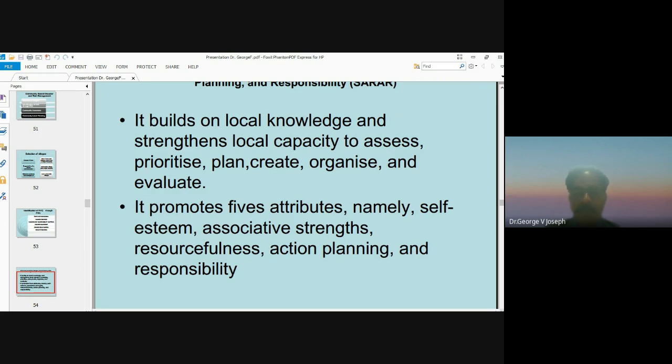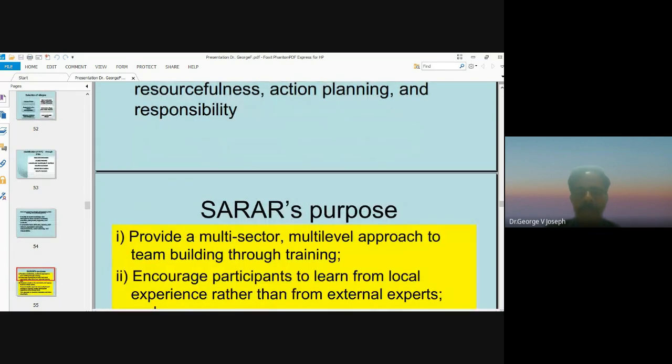Once they decide what risk reduction activity needs to be taken up, the responsibility is given to certain agencies or leaderships within the community, and then it is implemented and evaluated. So that process is there.